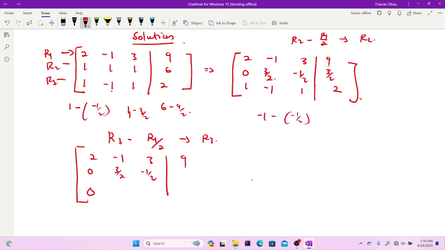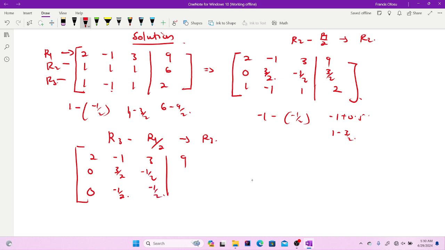So negative 1 plus 0.5, and that will give me negative half, negative 0.5. Then when I come here, 1 minus 3 out of 2, giving me negative half also, as here.